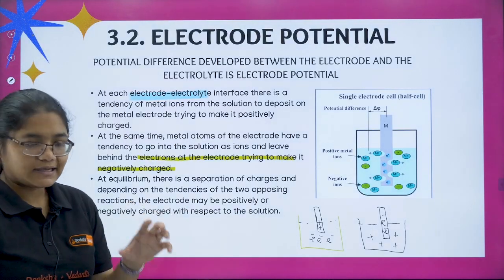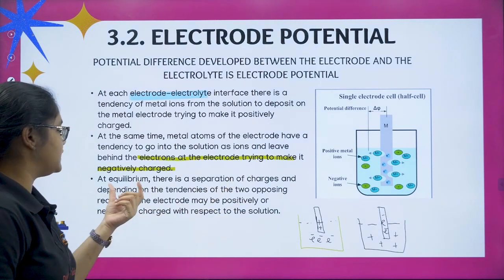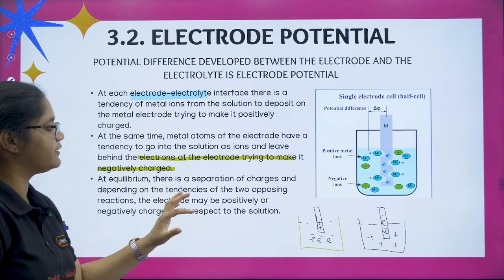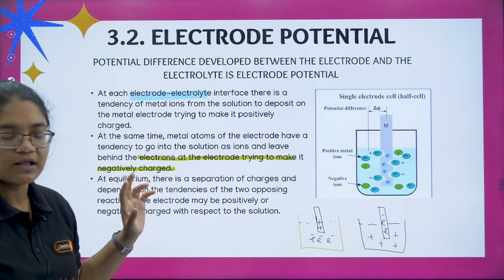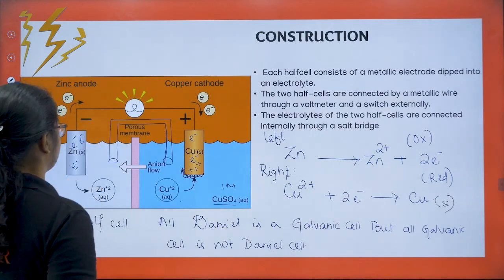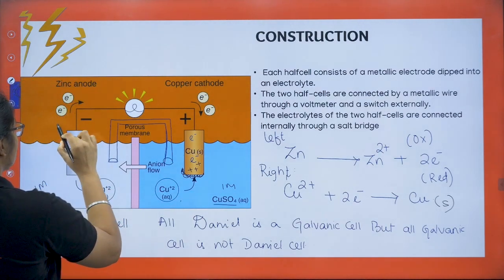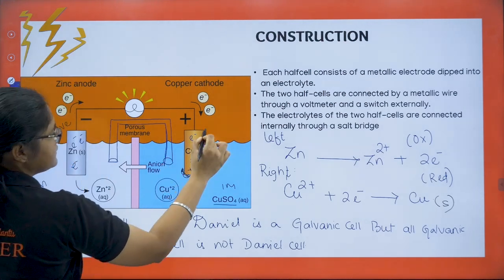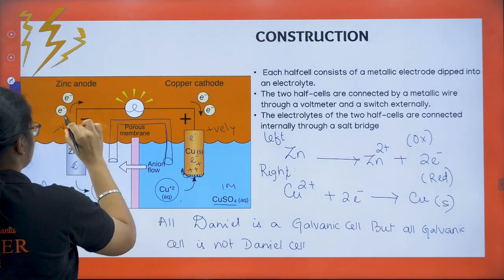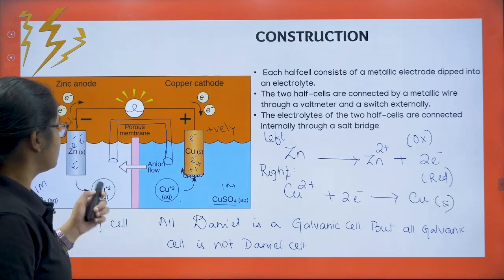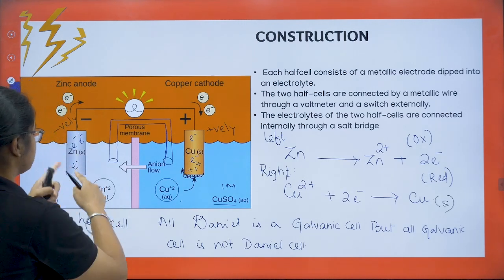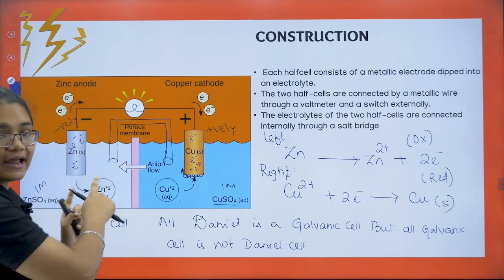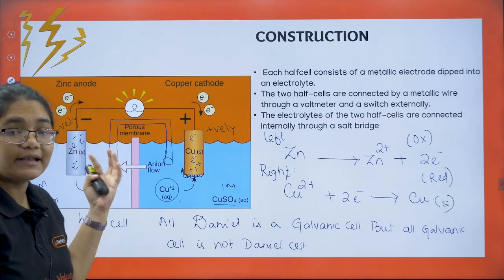So at equilibrium, there is a separation of charges, and depending on the tendencies of the two opposing reactions, the electrode may be positively or negatively charged with respect to the solution. So I can say that in this particular example, this electrode is negatively charged and this electrode is positively charged. Okay, clear? Why is this electrode negatively charged? Because here the ions are coming out, they are giving electrons to this electrode, and that is why it is getting negatively charged.